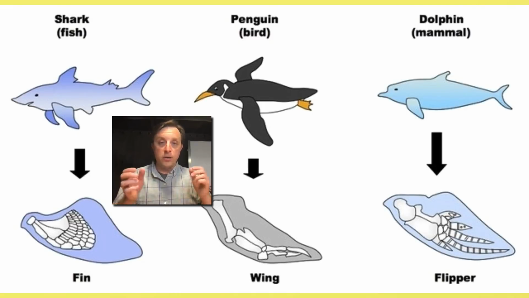But fish, birds, and mammals all have very different evolutionary histories. So these analogous structures here are an example of convergent evolution, distantly related organisms coming together at very similar structures.